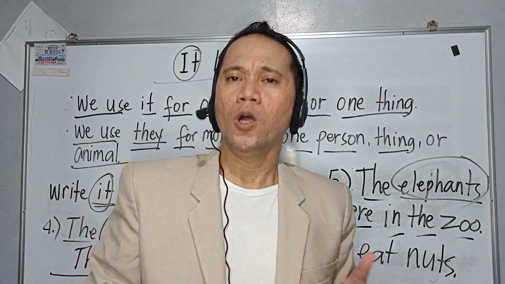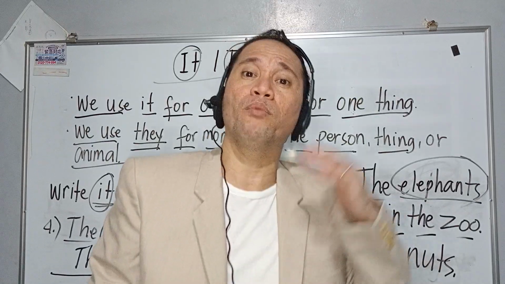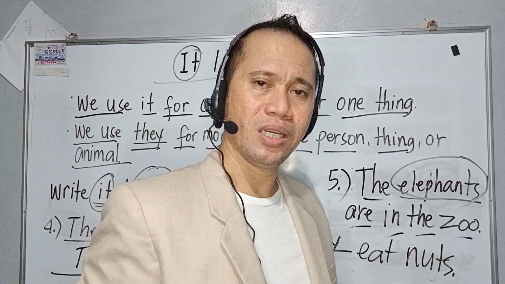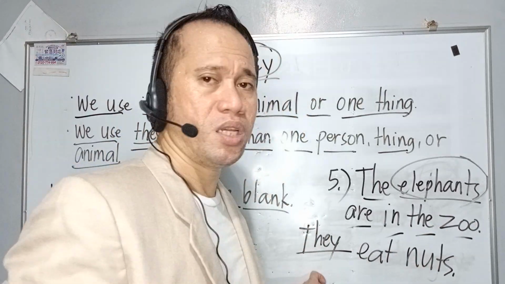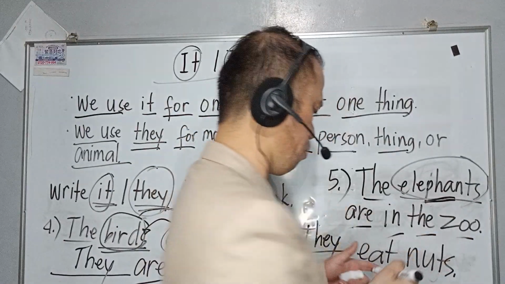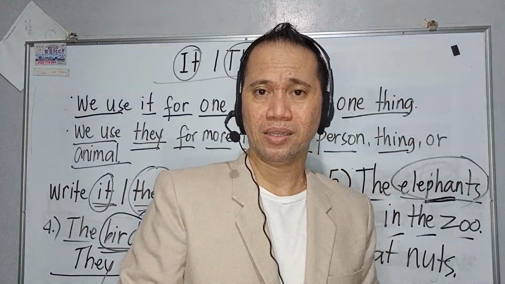It gives us the number of elephants, not only one, but more than one. That's why we use they eat nuts. Right? Because they is plural. So we choose they just because it refers to the number of elephants eating nuts.